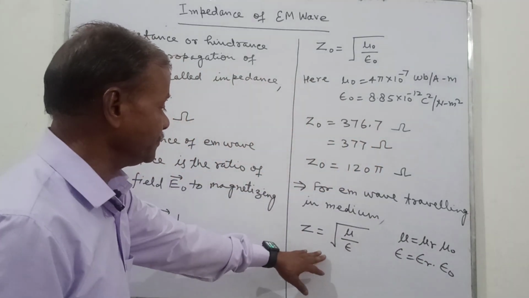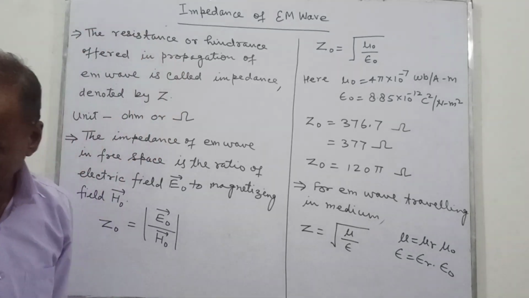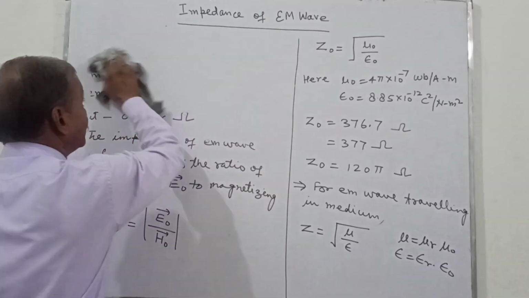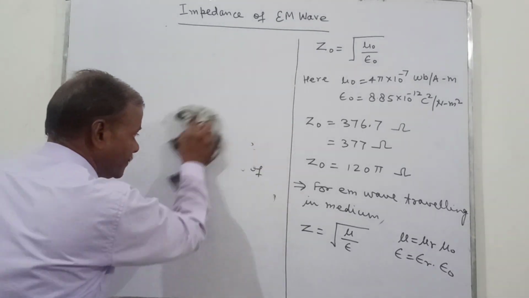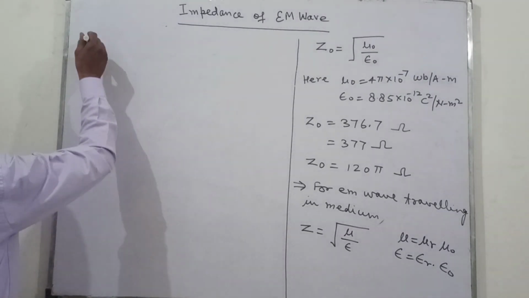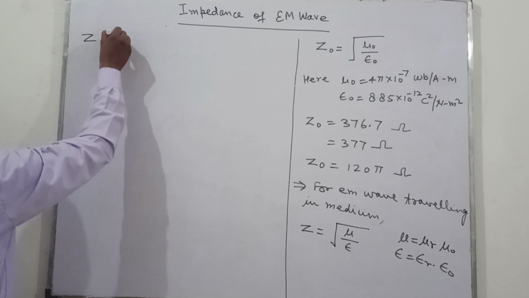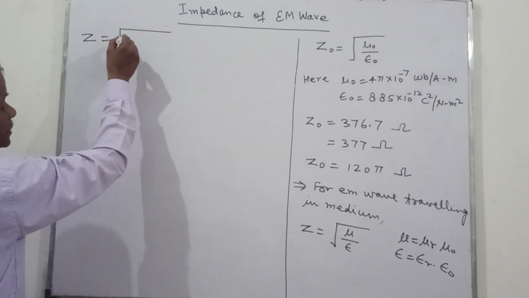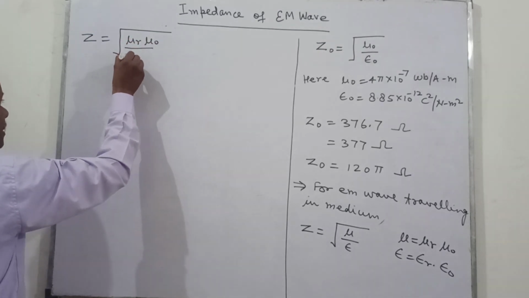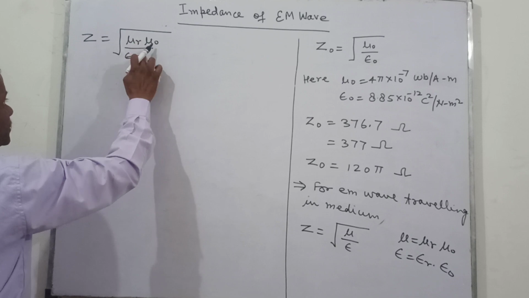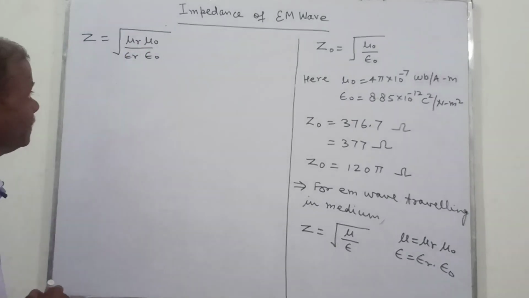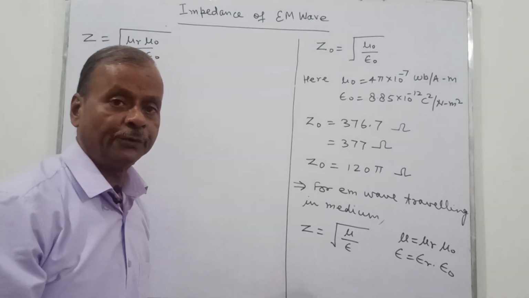Putting these values here, Z equals square root of mu r mu naught upon epsilon r into epsilon naught. Now in dielectric medium, mu r is equal to 1.